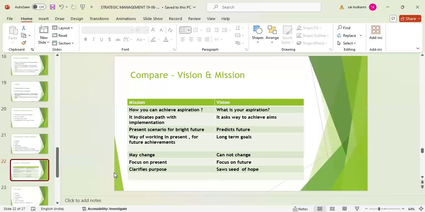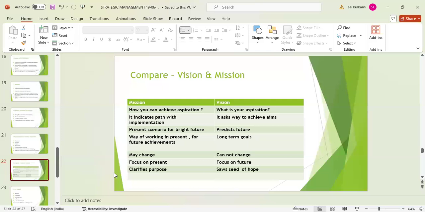But the vision statement only indicates the aim. In the vision statement, only the aim or objective or aspiration of the business is indicated, and it does not indicate any way to achieve that same aim. But that way is indicated, directed by the mission statement.